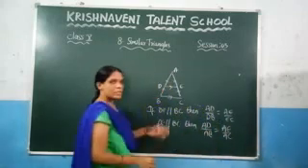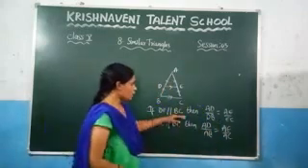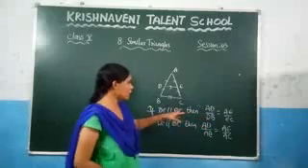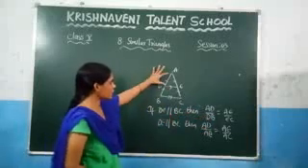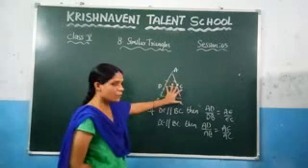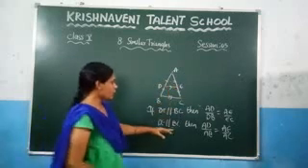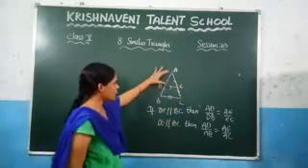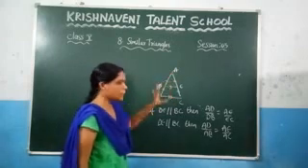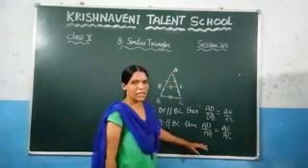This one and this one are the same, so you can use any of these results. If DE is parallel to BC, you can write AD by DB is equal to AE by EC, and similarly AD by AB is equal to AE by AC. Why have I written it like this?